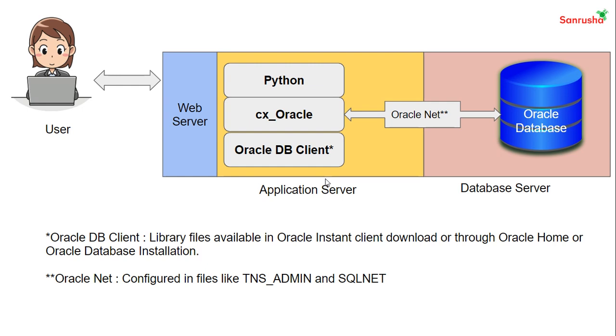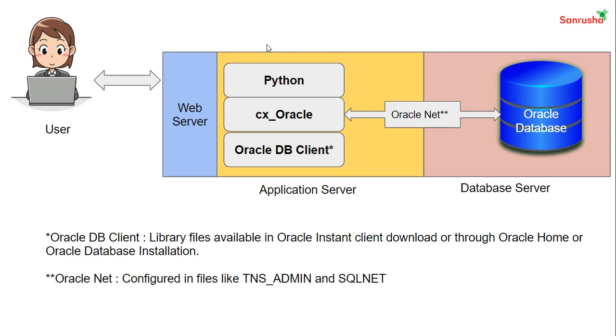Now the application server will have different components, but it does not have the data stored. It has your Python programs, whatever programs you write in this course, you will store them somewhere, and that is the application server. Now your application server needs to connect to Oracle database, and that's where Oracle DB client comes into the picture.